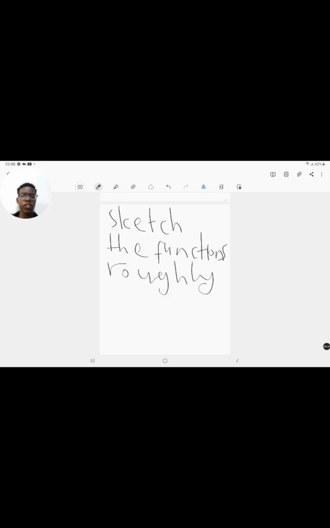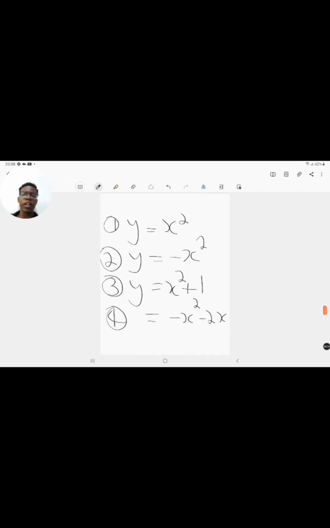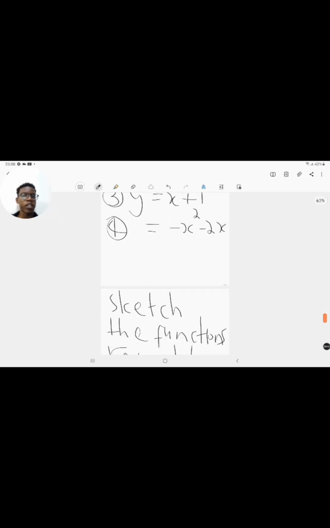You don't have to be exact, you don't have to do any calculation. I just want you to get used to figuring out how these graphs look quickly, so that you can solve questions quicker. We're going to do detailed calculations in subsequent videos, but for now we're just teaching you how to interpret these things quickly.